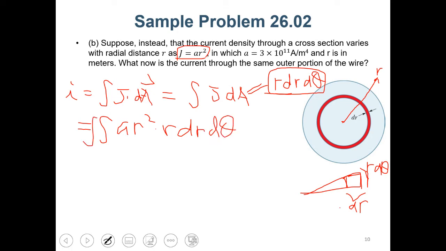And we integrate R from 0 to R, and theta from 0 to 2 pi.